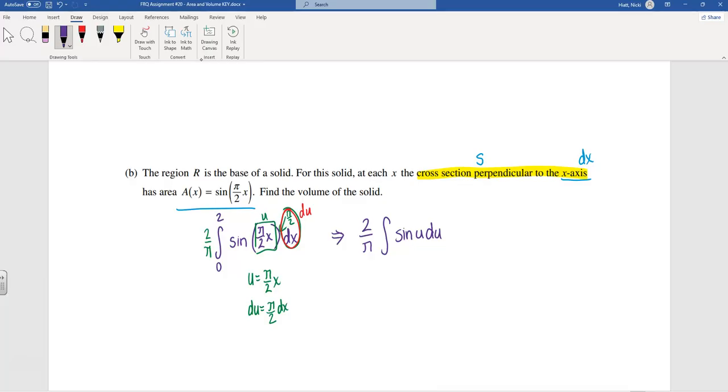I would convert the limits, then you don't have to go back to x's. So when I plug in 0 here, pi over 2 times 0 just equals 0. So 0 stays the same on the bottom. For this top limit right here, 2 times pi over 2, the 2's will cancel right there. I'll just get pi for that top limit.